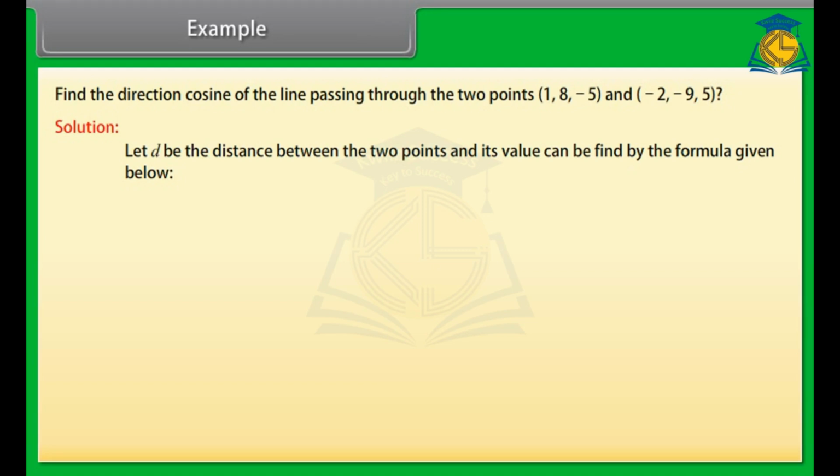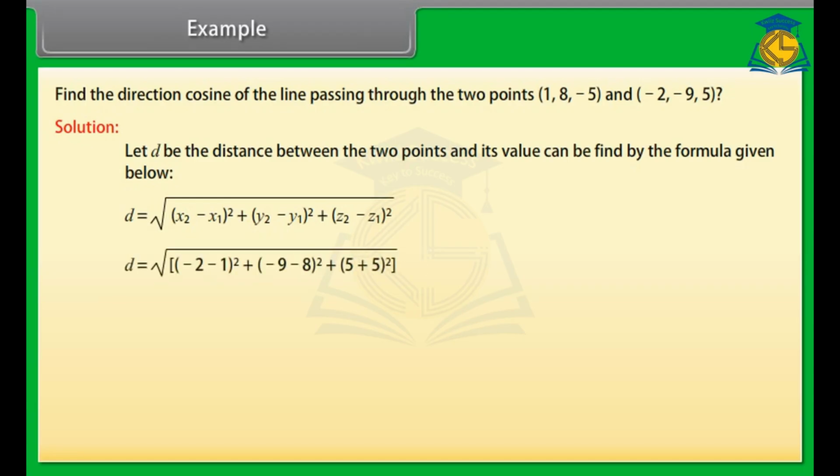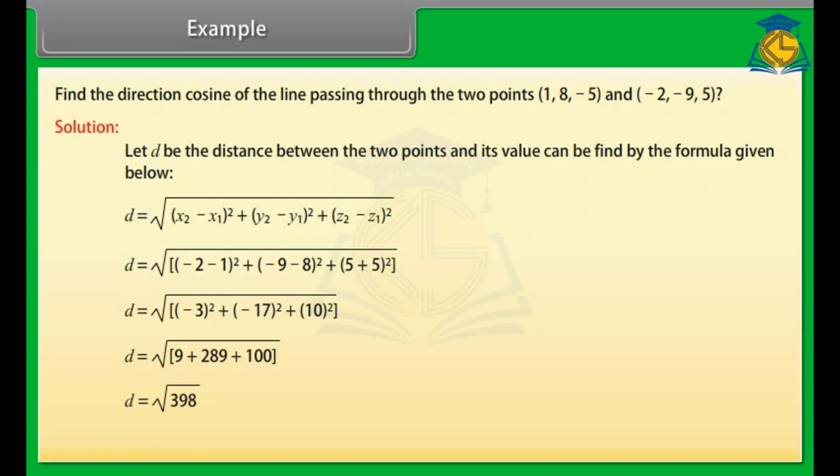Let d be the distance between the 2 points and its value can be found by the formula given below. d equals the square root of x2 minus x1 square plus y2 minus y1 square plus z2 minus z1 square. d equals square root of minus 2 minus 1 square plus minus 9 minus 8 square plus 5 minus minus 5 square. d equals square root of minus 3 square plus minus 17 square plus 10 square. d equals square root of 9 plus 289 plus 100. d equals square root of 398, d equals 19.94.